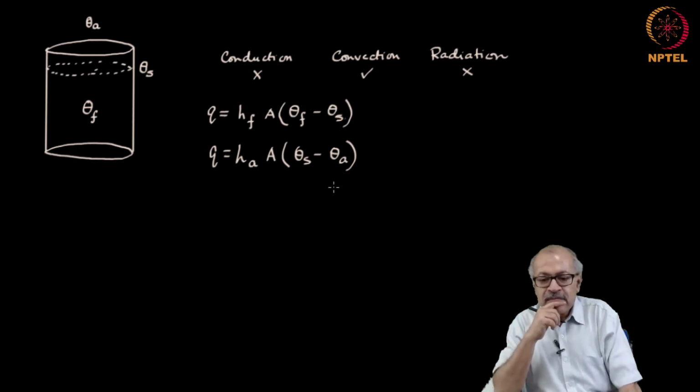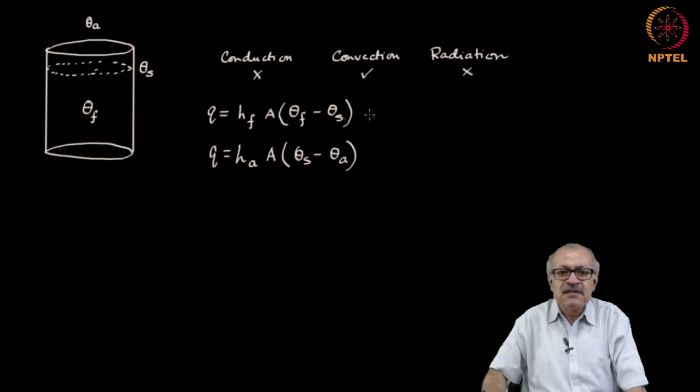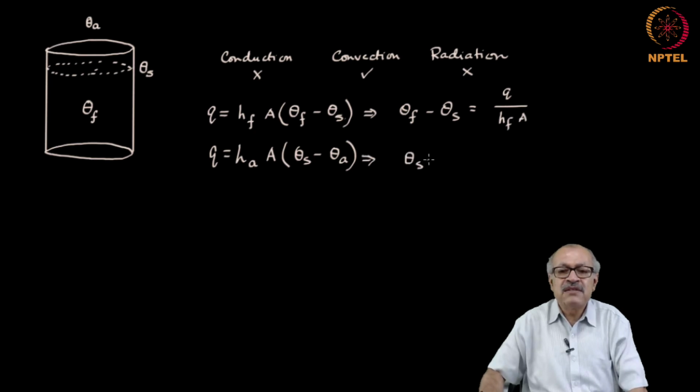So, now from this we can obtain theta f minus theta s is equal to q by h f times the area, and from this we obtain theta s minus theta a is equal to the same q by h a times the area.